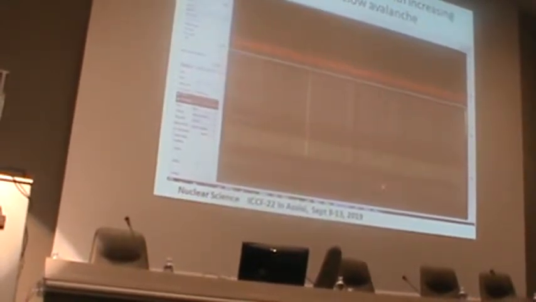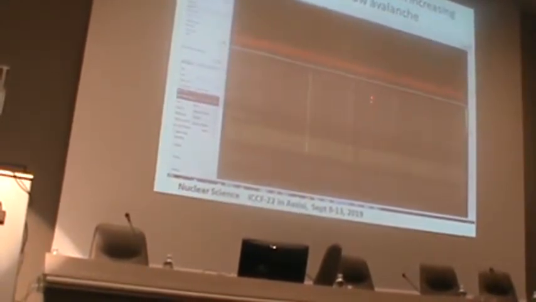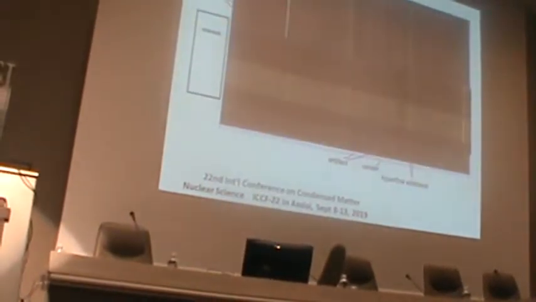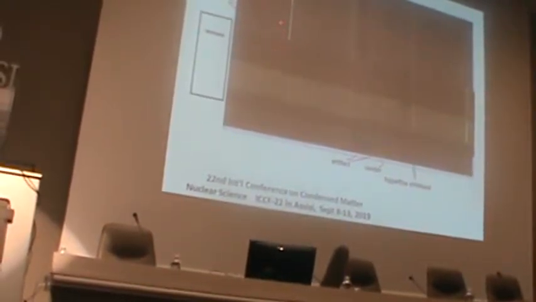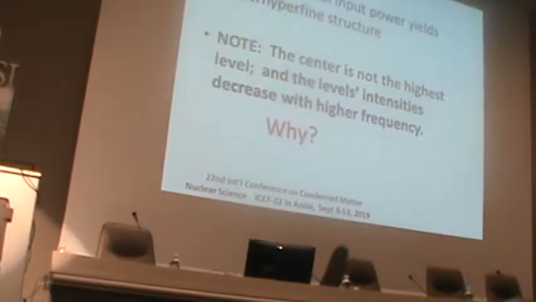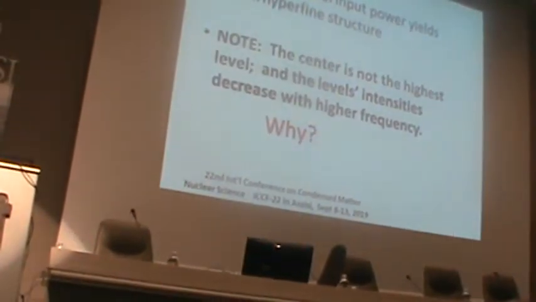I don't know why these are lower frequencies, these are higher frequencies. I am completely clueless as to why the center line is not the largest amplitude, but it isn't. And here we can see the symmetry, we can see the center, we can see that at lower frequencies we're always getting a higher amplitude than at the center, and I'm completely confused as to why. So please, somebody tell me.